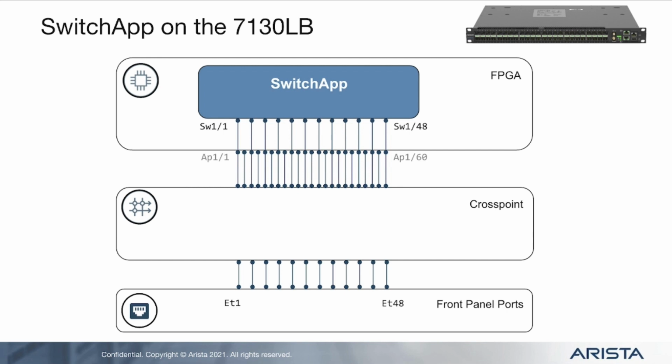The FPGA is programmed to perform logic that is typically handled by switching ASICs, but with significantly lower latency. By enabling the switch app application on the FPGA in the 7130 LB series device, the device will effectively transform into a switch. The key difference is that this device still has the crosspoint capabilities, which allow for some weird and wonderful possibilities.